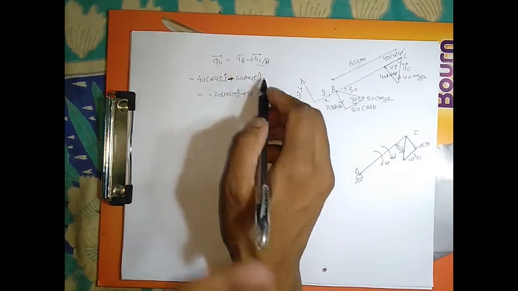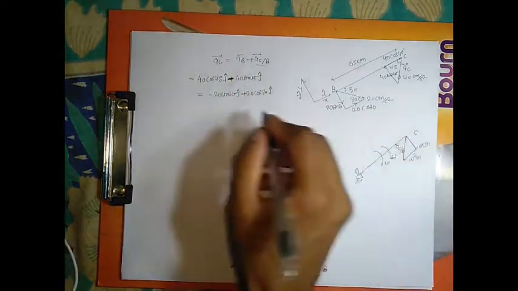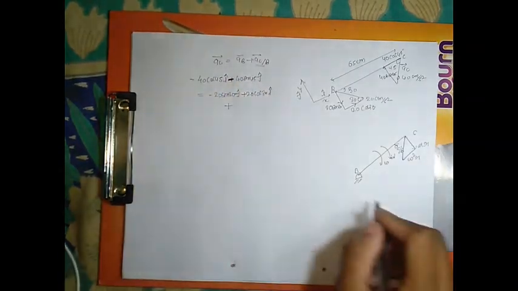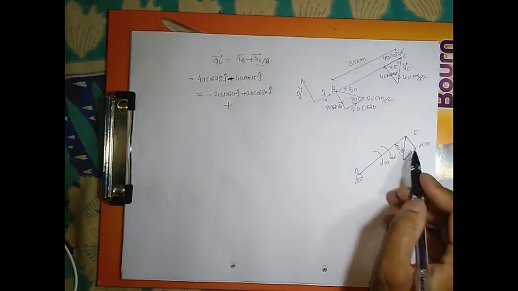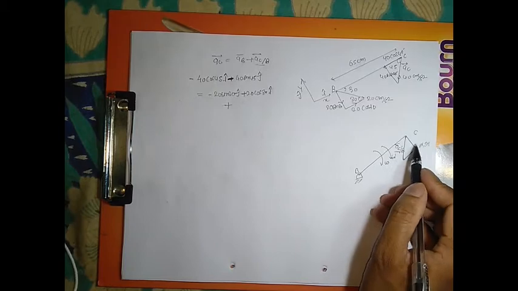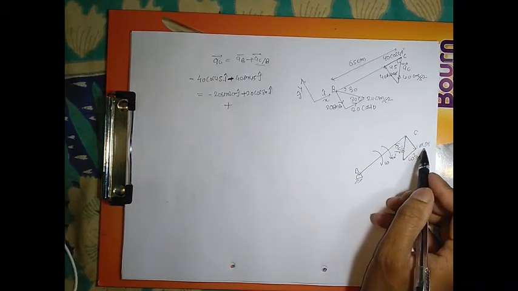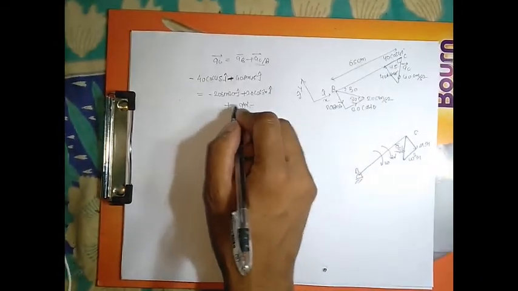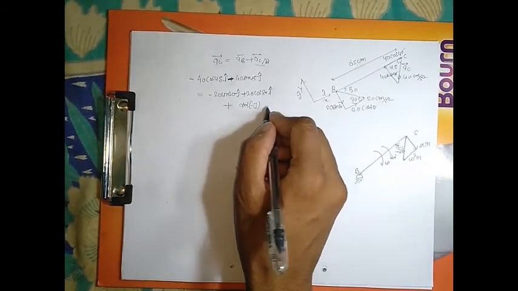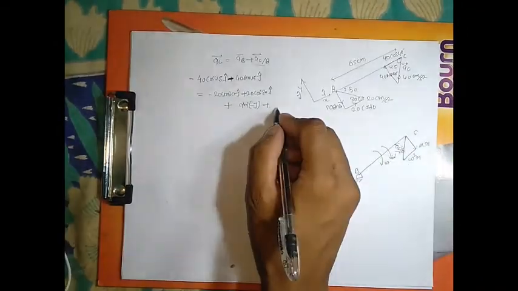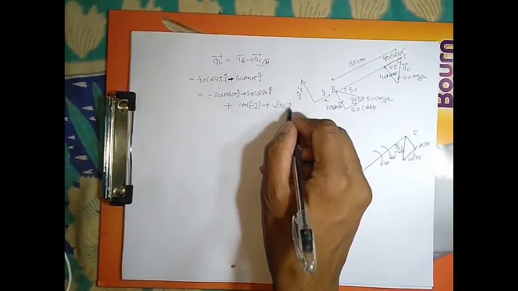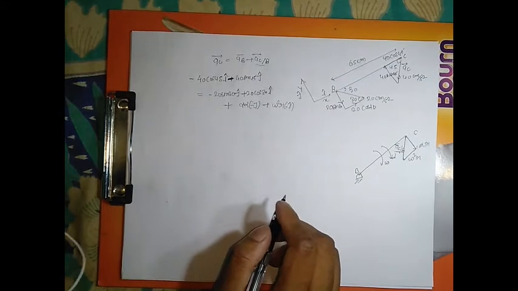I have written acceleration of C, and what is the acceleration of C with respect to B? Plus acceleration of C with respect to B. Resolving into components, we get alpha r in the minus j cap direction and omega square r in the minus i cap direction. So equate all these things.